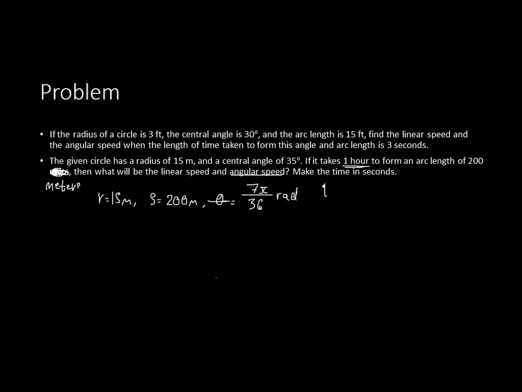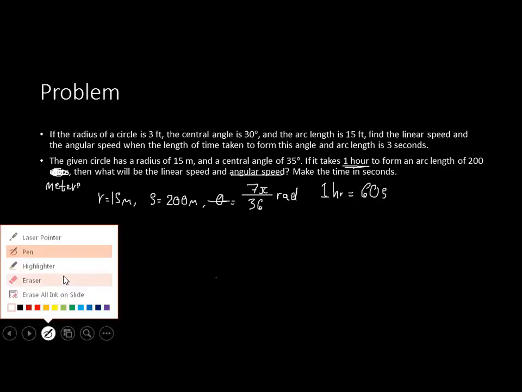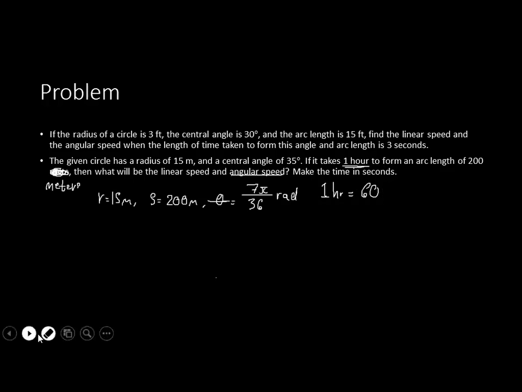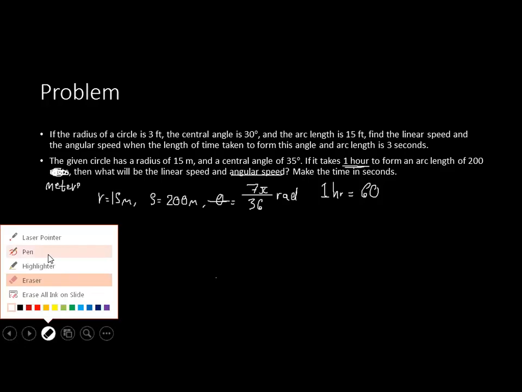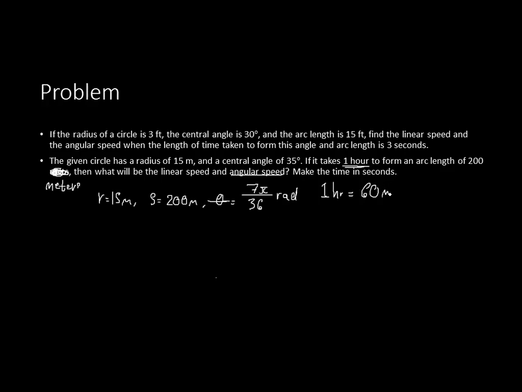So 1 hour is equivalent to 60 minutes. And 1 minute is equivalent to 60 seconds.